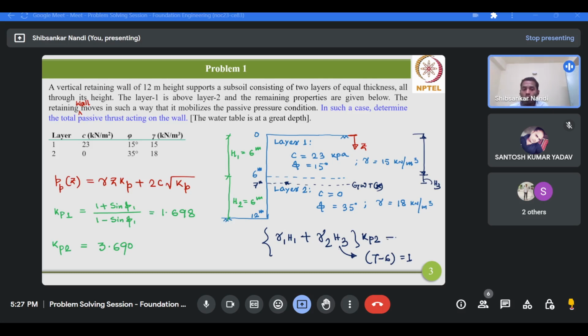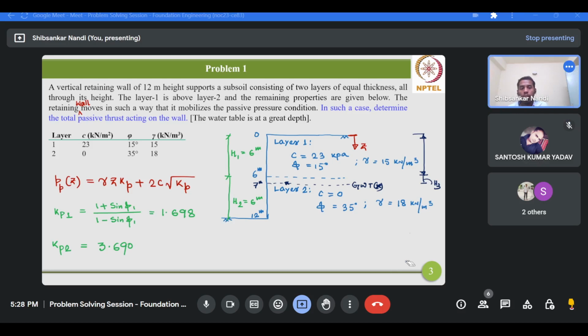Then the second component, 2 c2 root Kp2, because layer 2 doesn't have any cohesion, the second component will not be there. So only this part will calculate the passive earth pressure in layer 2 at a depth of 7 meters. Is it clear? Yes, sir. Clear.